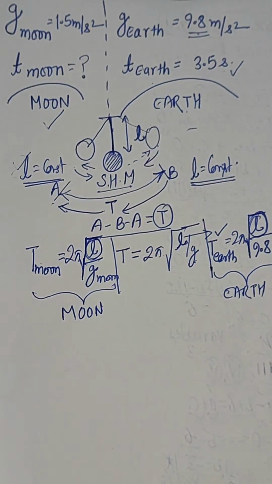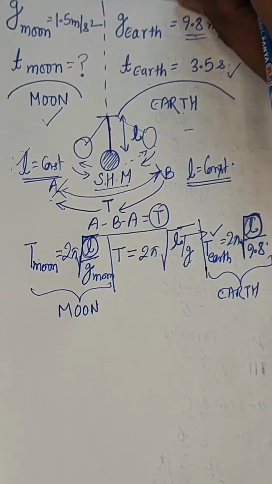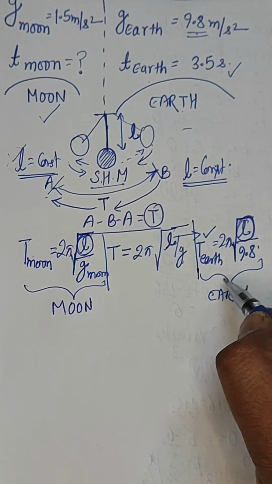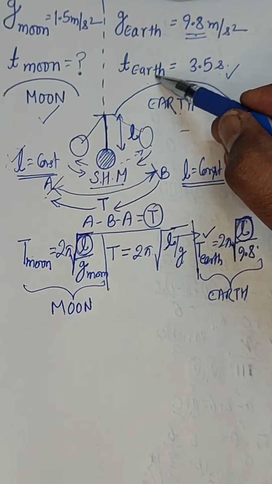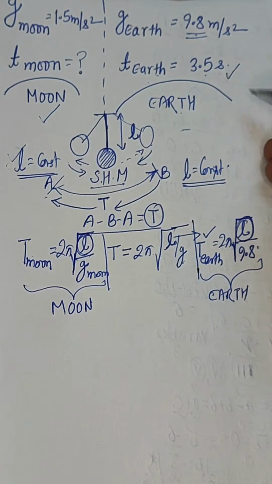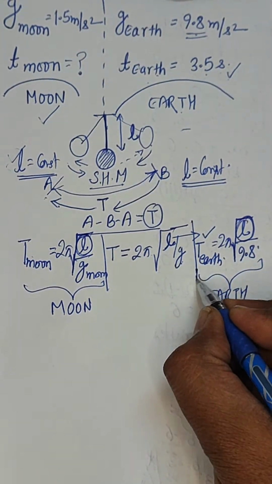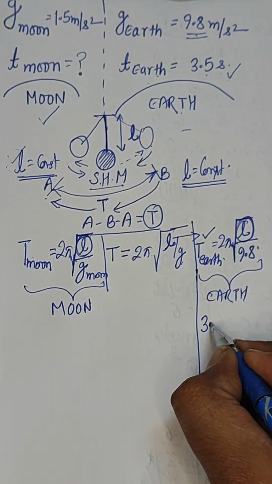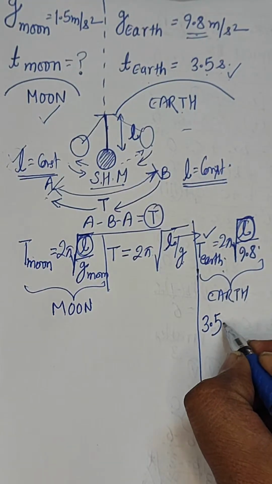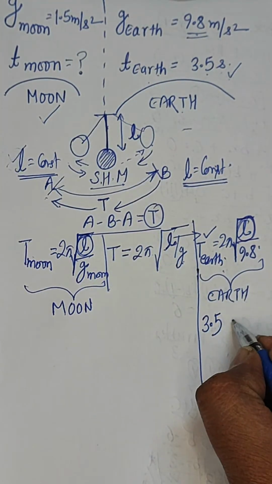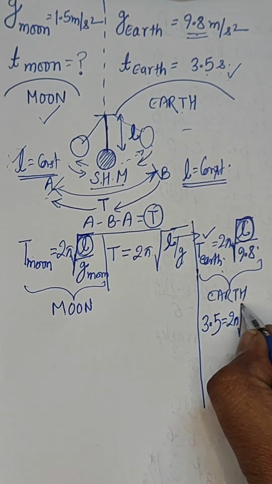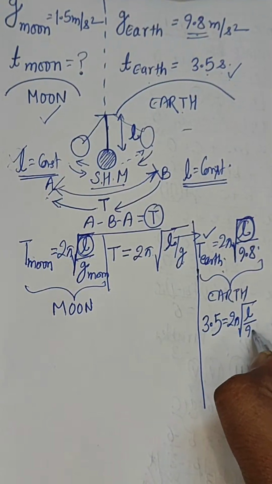Now we know all the values for the earth, and the time period of oscillation on earth of the same pendulum is given as 3.5 seconds. So when you put the value over here, 3.5 as the time period of oscillation on earth, this will be equal to 2 pi root over L by 9.8.